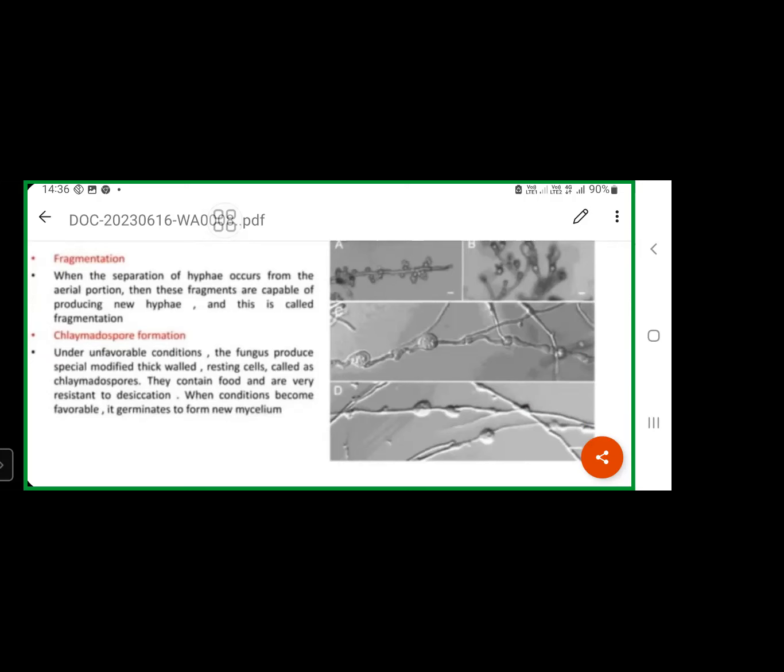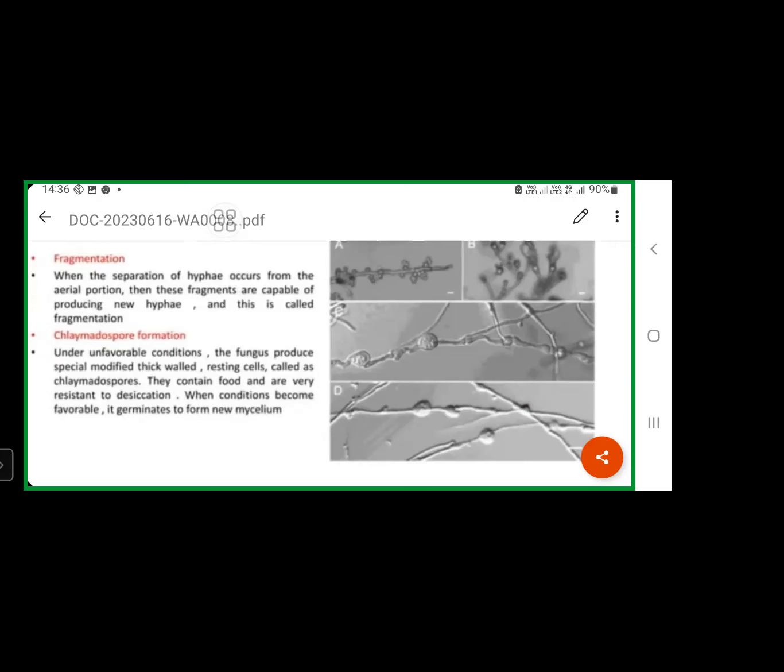By these thick walls they can escape from adverse conditions like desiccation, and they remain in a resting state. Like this, they escape from adverse environmental conditions by developing thick walls around the cells and using the stored food materials.